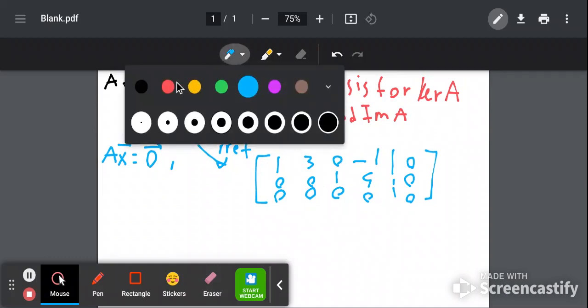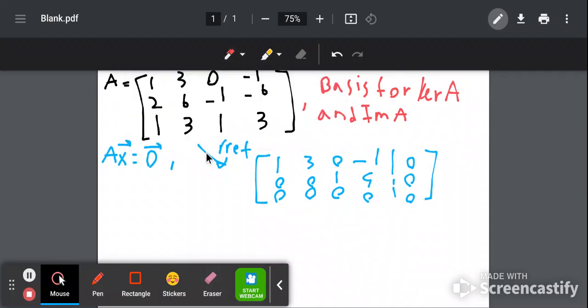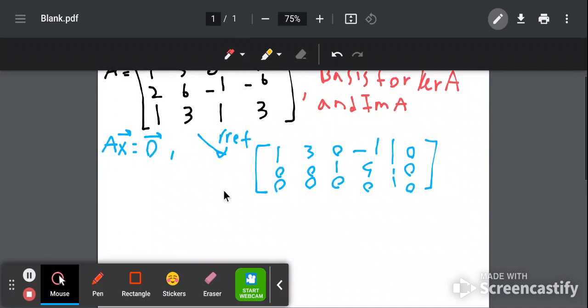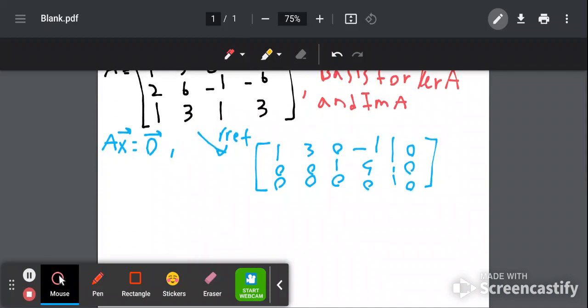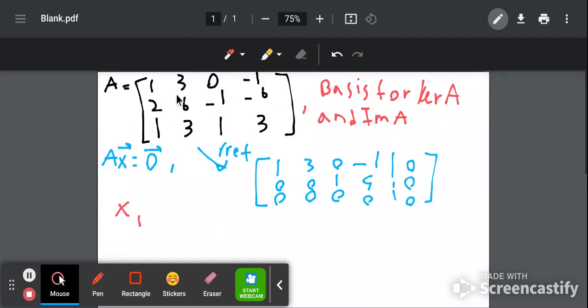Now, what I'd like to do is write out what we have. Each row is an equation. There are 4 variables in this case, so we start with 4 variables and 3 equations.